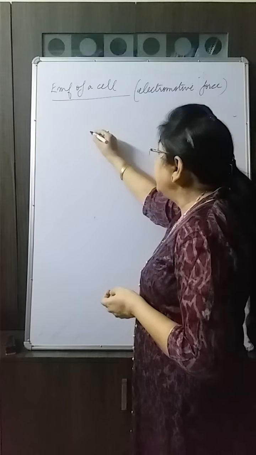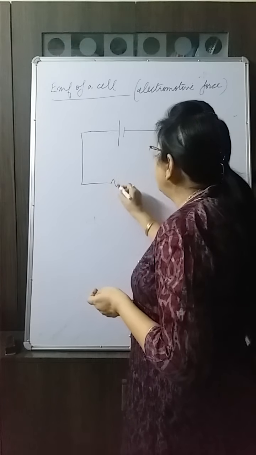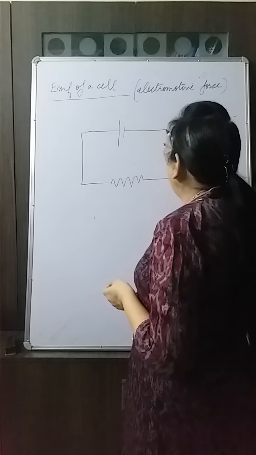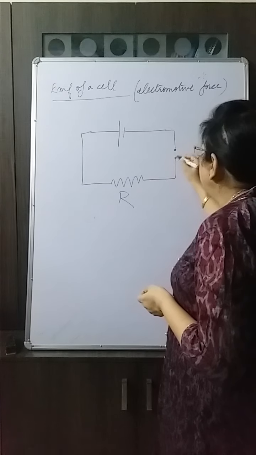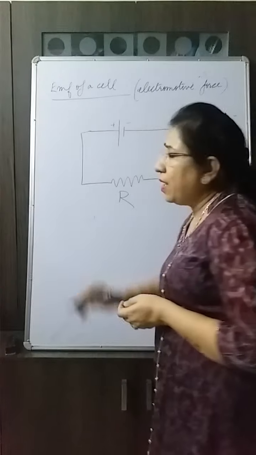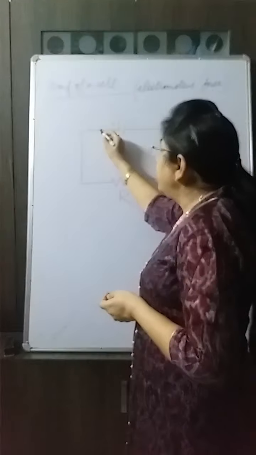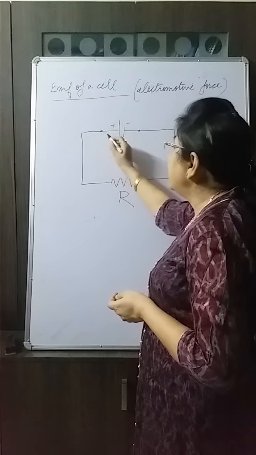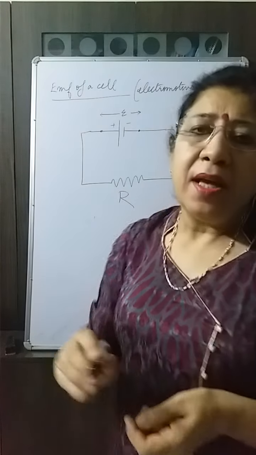So if I have a cell here and we are using it for an external resistor R, let us take a key here. The two terminals of the cell are here, plus and minus. The potential difference across the two ends of the cell is called the EMF of the cell when it is not in use.